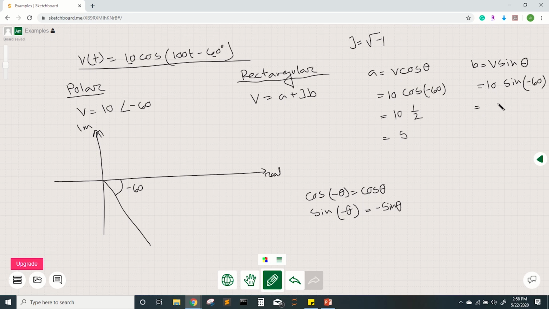Sine 60 degrees is root 3 by 2, so sine minus 60 degrees is minus root 3 by 2, so 10 times minus root 3 by 2 is minus 5 root 3. Putting these values, this is our final rectangular form: 5 minus j 5 root 3.